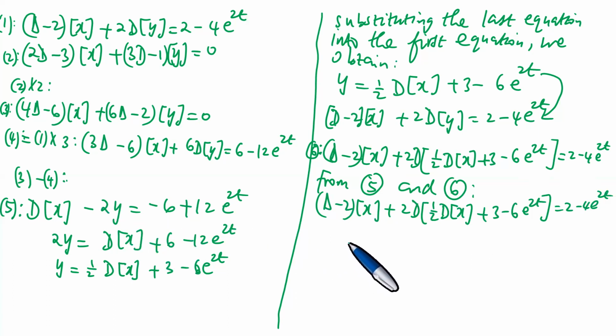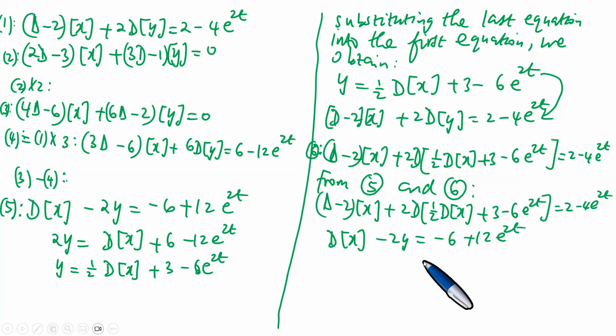In comparison with the objective, the triangular system in which the D operating on y has been totally eliminated, we now have equation 5, which is the D operator on x minus twice y, equal to minus 6 plus 12e to the twice t.